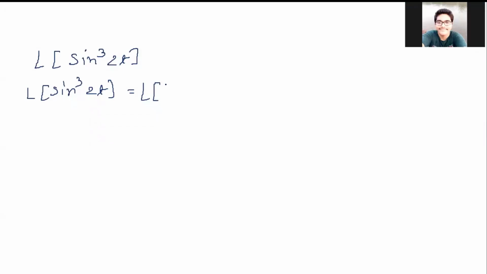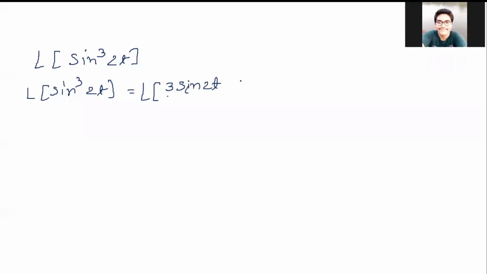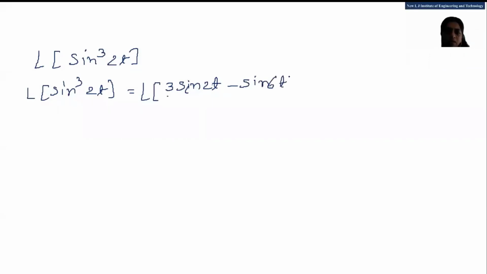Ma'am, it will be 3 sine 2t minus sine 6t, whole divided by 4. Yes, very good. Thank you, Akhilesh.